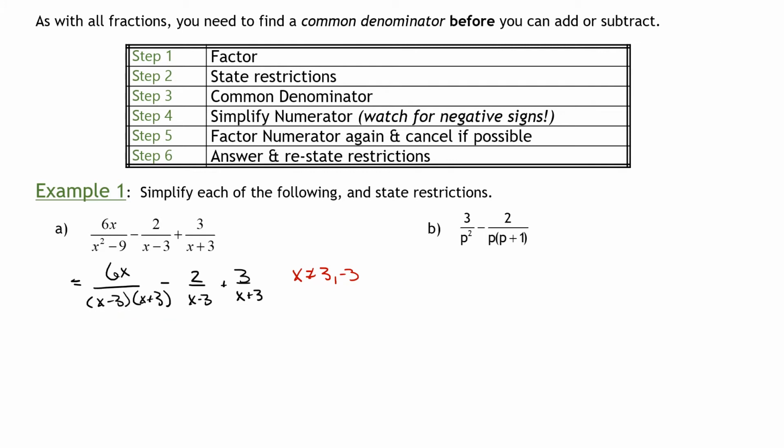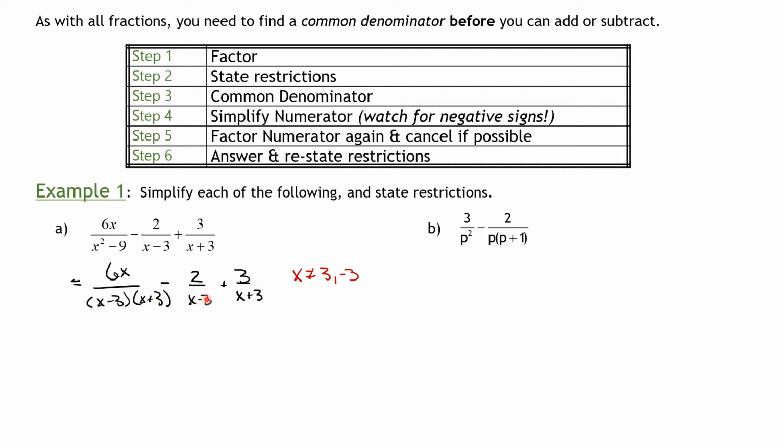Next step is common denominator. Okay, so here's the hard step here. So focus. Common denominator. Remember all the examples I showed you before? The first one I had with a denominator of 12? Well, that's kind of like what this one is right here, because this denominator is actually both of these together, right?